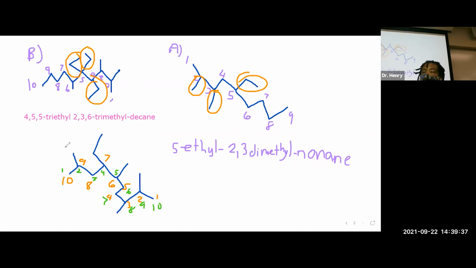Since these are all alkanes, nobody has priority. They're all equal. So if they're all the same thing, you just want the lowest number. When we start getting to the functional groups, that's going to be different. Okay. So then you're getting ahead of yourself.